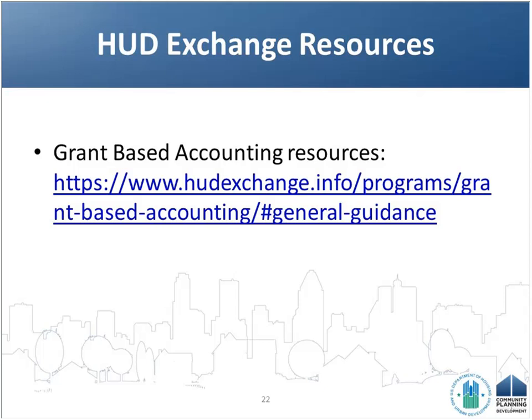So it acts the same way as normally when you return funds to the line of credit. It's no difference. But you have to remember to take actions to release those funds, apply that returned funds from the activity to the original admin and planning activity, so you can fund the activity with those returned funds again.